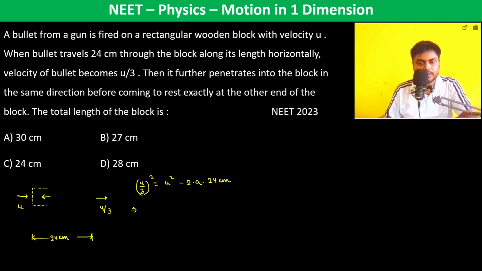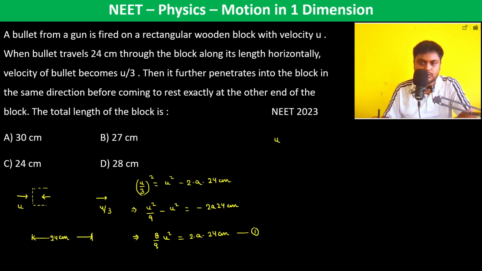So this becomes u square by 9 minus u square is equal to minus 2 into a into 24 centimeter. So therefore 8 by 9 u square is equal to 2 into a into 24 centimeter. That is first equation.